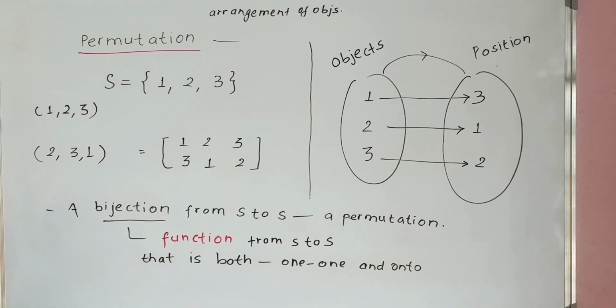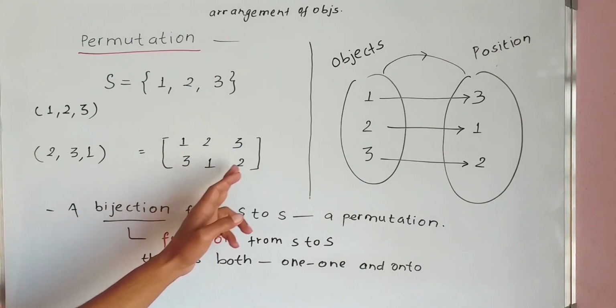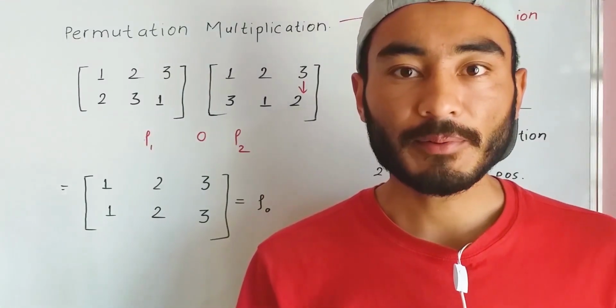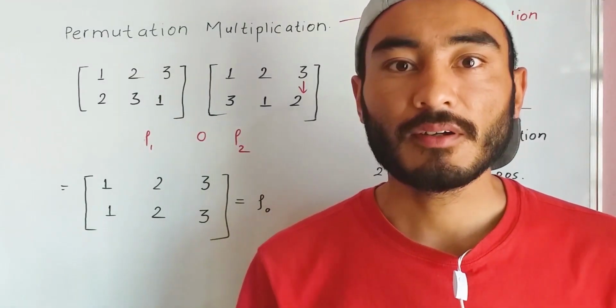Note that the arrangement is 2, 3, 1. But the permutation in terms of function is 3, 1, 2. There are many ways to define a permutation, but we prefer this way of definition because it makes the calculation easier. Next, we define the operation permutation multiplication.